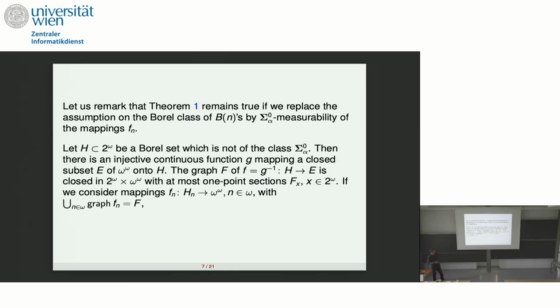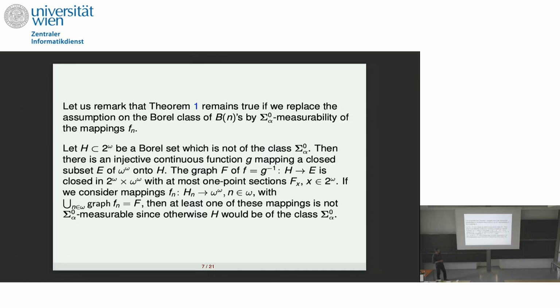But if we consider a covering by graphs of mappings which would be sigma 0 alpha measurable, then we will obtain a contradiction with the complexity of the set H. So there is a huge difference between these two problems.